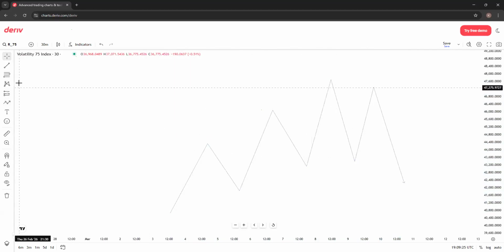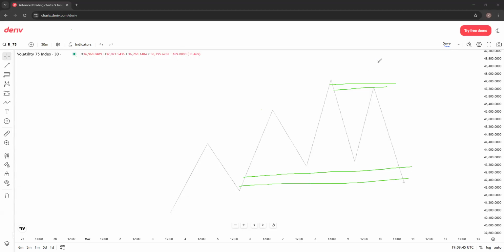What we can do is, since we know that we failed to break this high, but decided to respect this fair value gap, and we actually see that there's a fair value gap at this point, failure to break this high means that this low is going to be hunted, right?